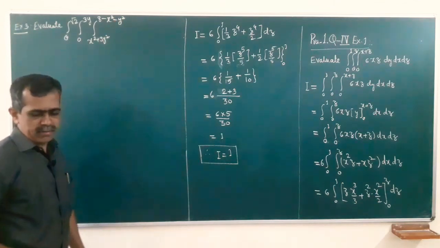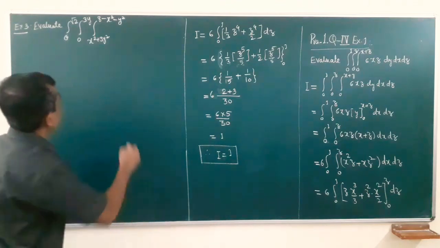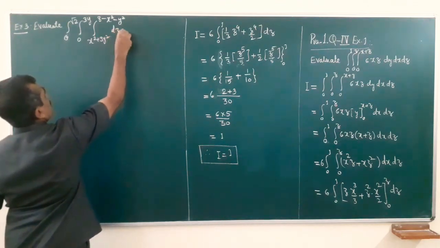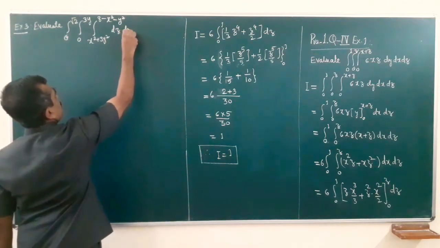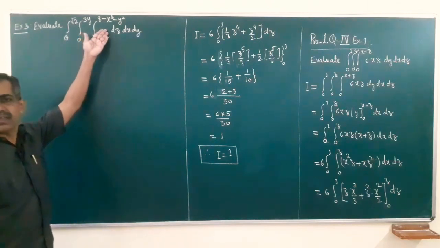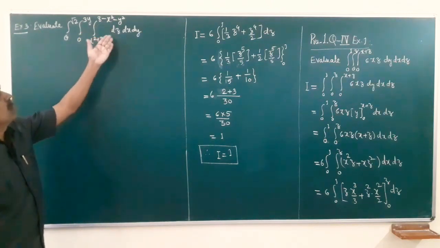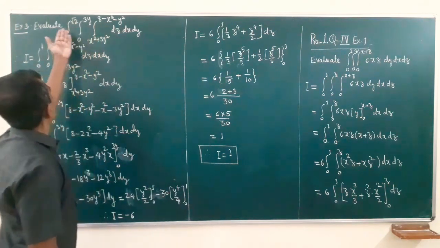So these are the limits, and the integrand is very simple. This is so simple, dz, then it is dx and dy. See, the integrand is only 1, so you just have to go on integrating. So let's see how to solve another problem.